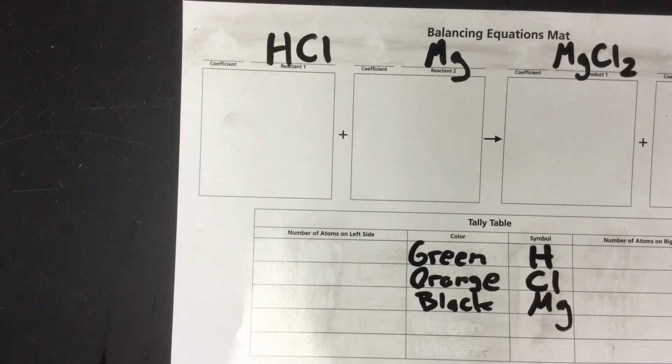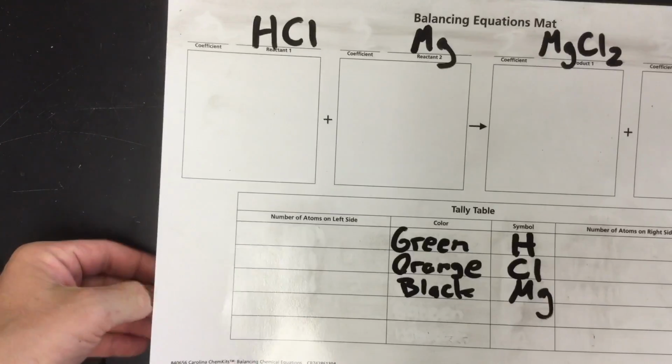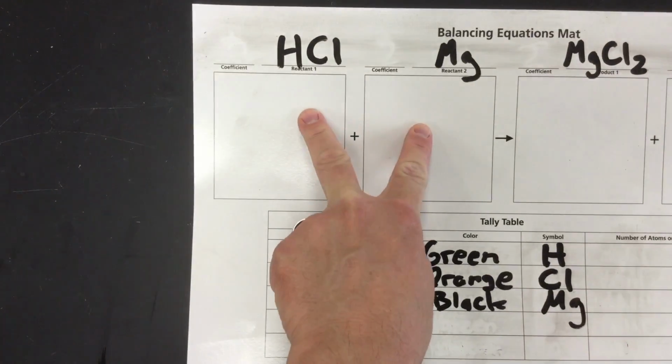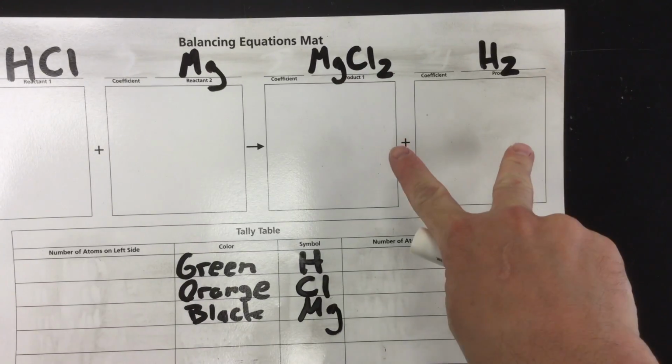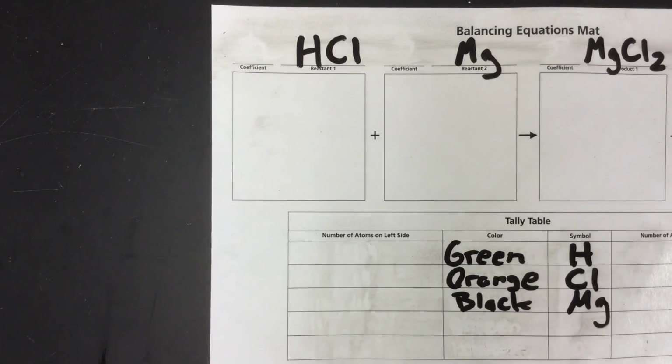Okay, so let's use a visual to help understand how to balance a chemical equation. Again, the idea here is that the number of atoms in the reactants needs to be the same as the number of atoms in the products. Law of conservation of matter. So we'll start with the reactants.